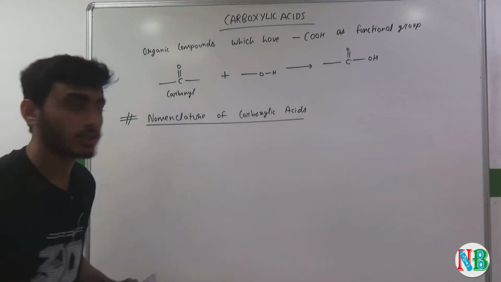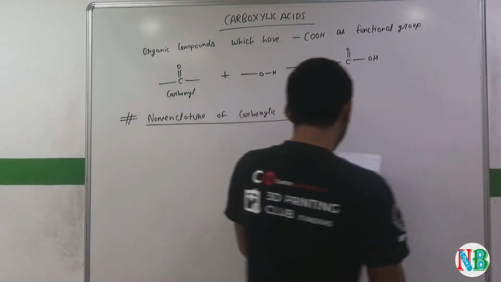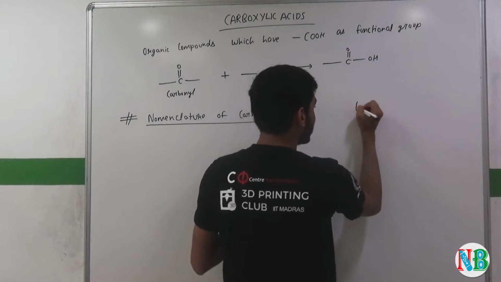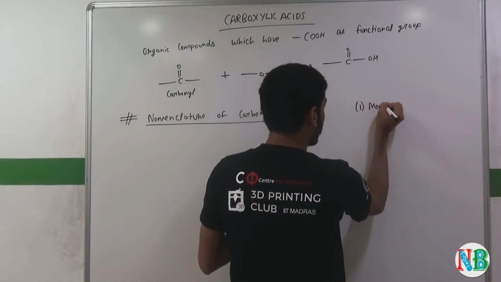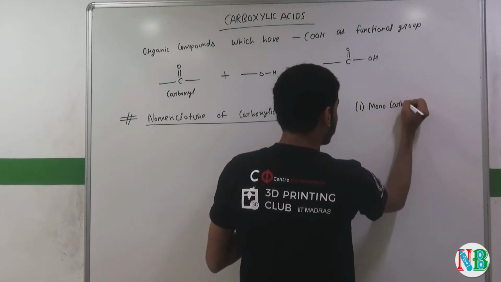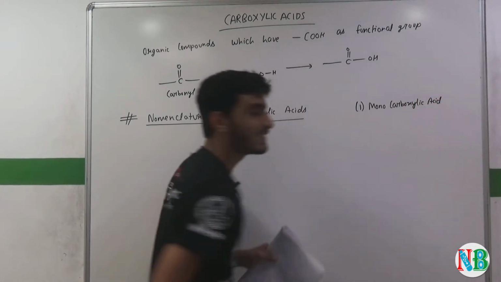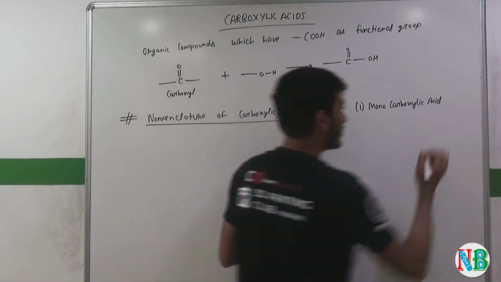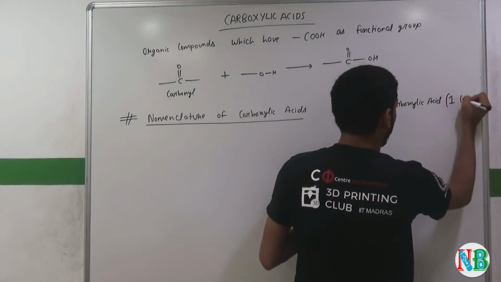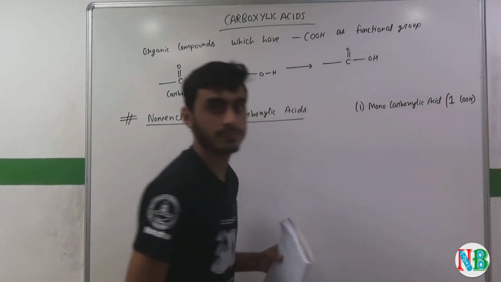Okay, so the first thing we have to know is that these acids can be either monocarboxylic acid, which means they have only one COOH group.